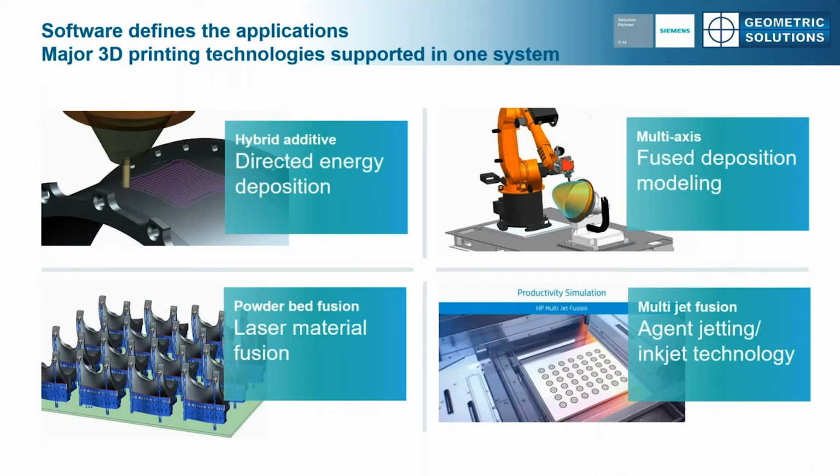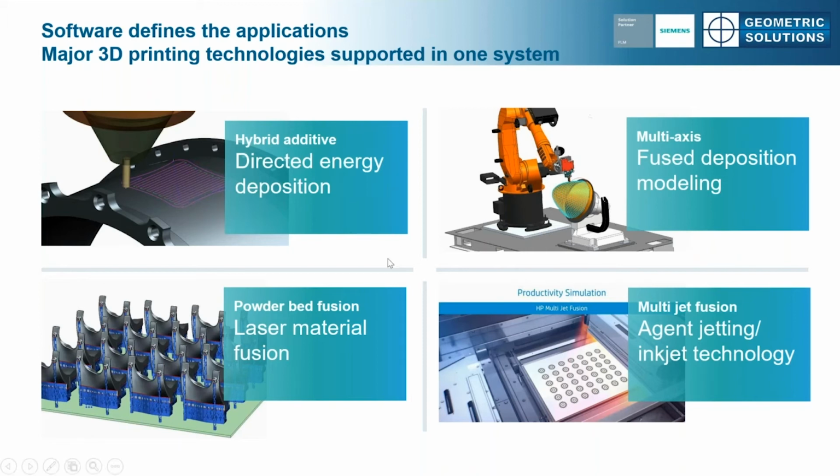As a result, not only does Siemens support the widest range of 3D printing technologies in one system, but Siemens and our partners are also pioneering new applications that are pushing the limits of what's possible. NX supports technologies for both metals and plastics.